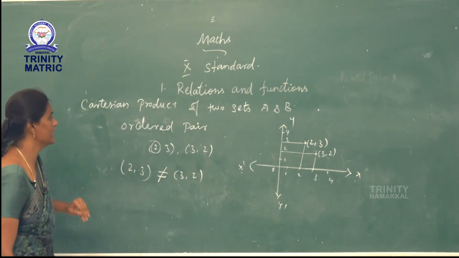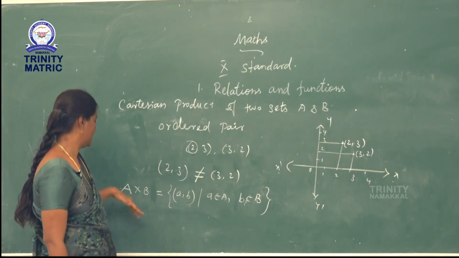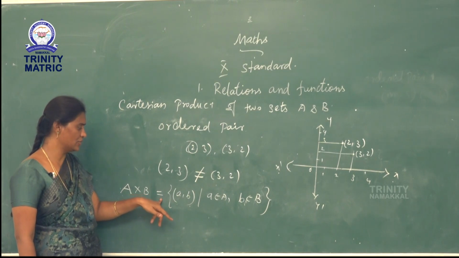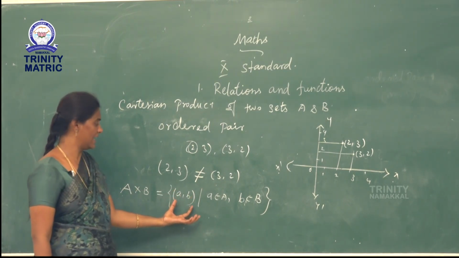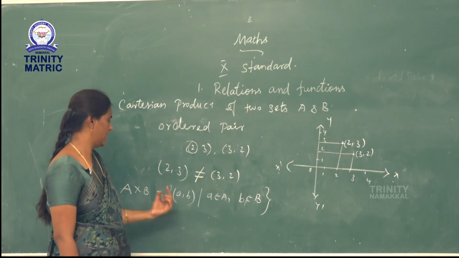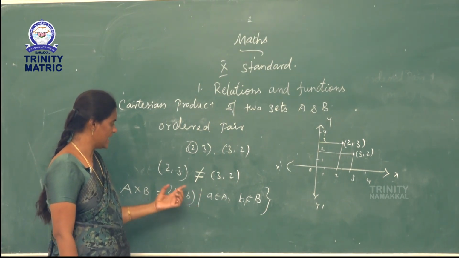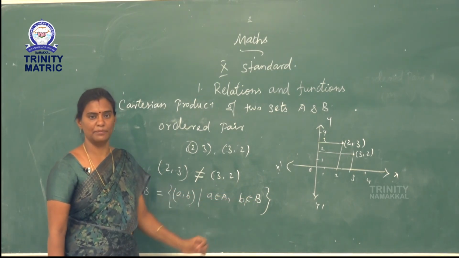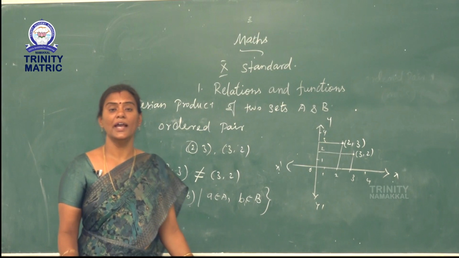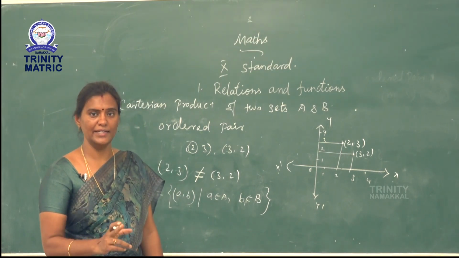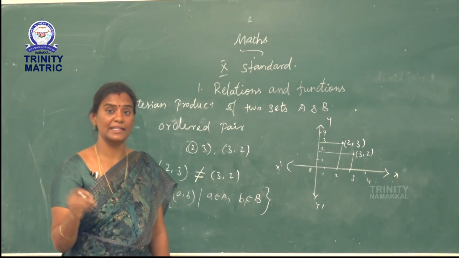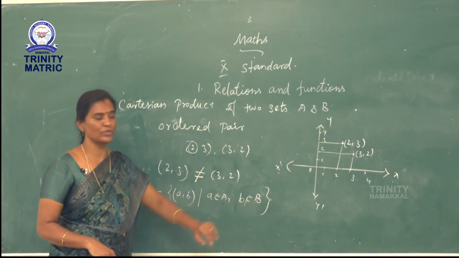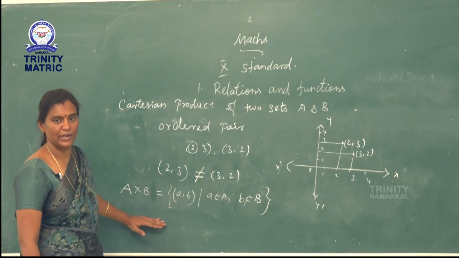Next we are going to see the Cartesian product of two sets. Here the Cartesian product is denoted by A cross B, and the elements in the Cartesian product will be ordered pairs, like A comma B such that the element A belongs to the set A, the element B belongs to the set B. That is, if A and B are two non-empty sets, then the set of all ordered pairs A comma B such that A belongs to capital A and B belongs to capital B is called the Cartesian product.